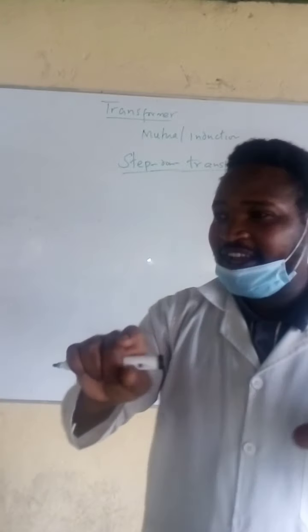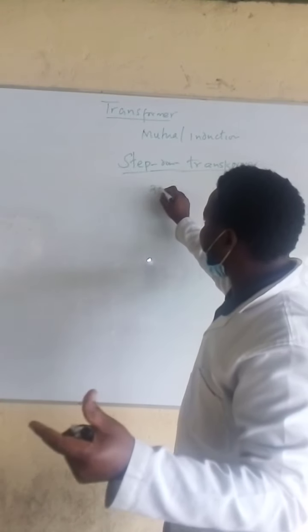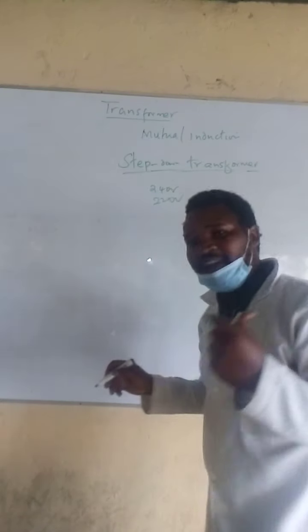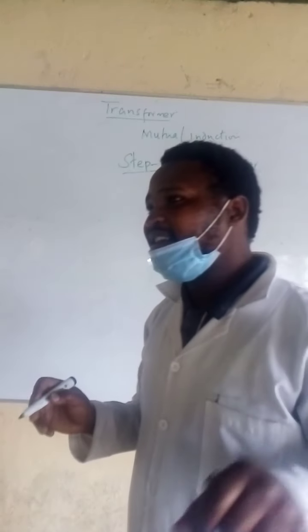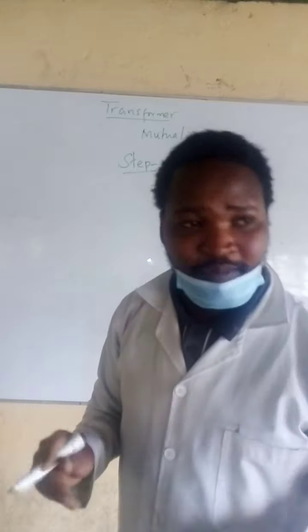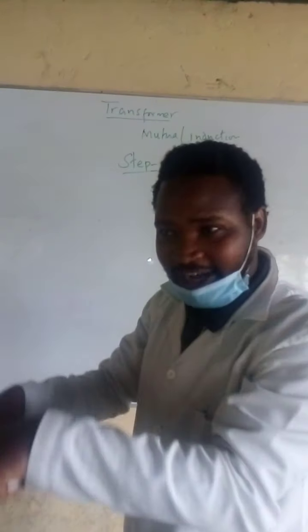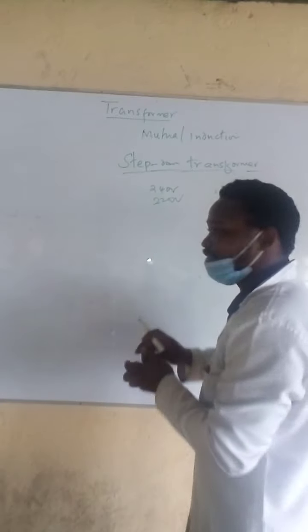After the very high voltage has been transmitted over a very long distance, for people to use it, it must be stepped down to the required voltage. Let's say maybe 240 volts or 220 volts, so that it can be used by the appliances that people have at their homes. So we must step that voltage down using a step-down transformer.